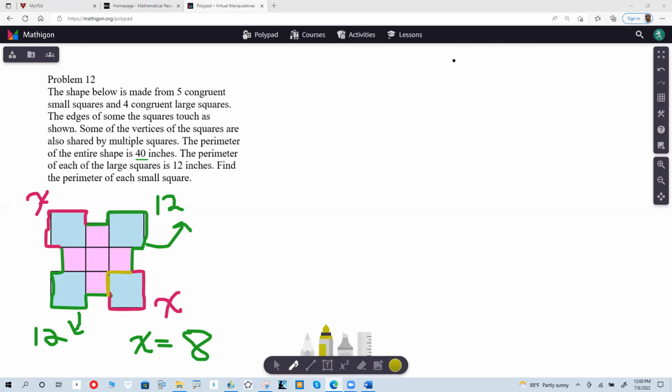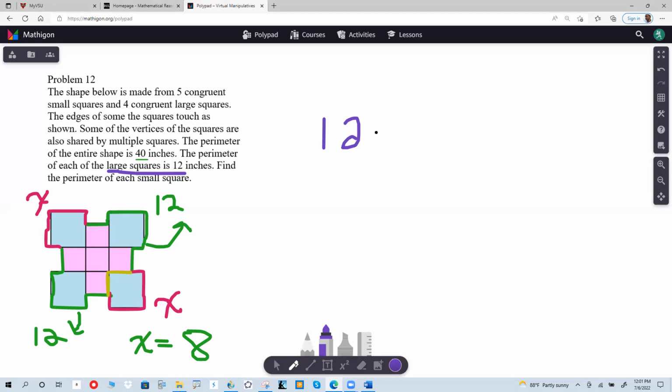Okay, wonderful. Now I have to find the yellow legs, and it's a little tricky. I acknowledge that, guys. The thing that you really want to observe is that the perimeter of each large square or blue square is 12.